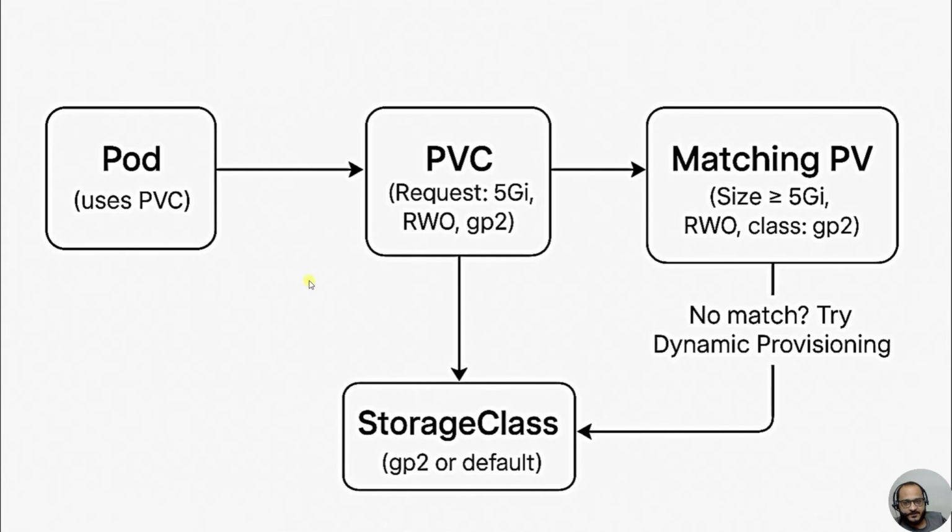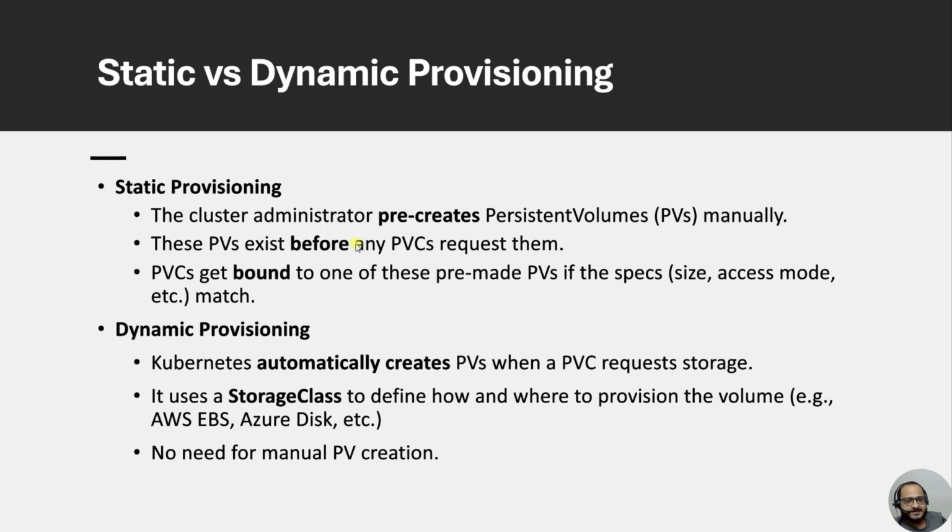Now let's see the difference between static and dynamic provisioning. In static provisioning, the cluster administrator pre-creates the persistent volumes manually, and these persistent volumes exist before any PVC requests them. So before a persistent volume claim is raised by your application pod or user, the volume is already pre-created.